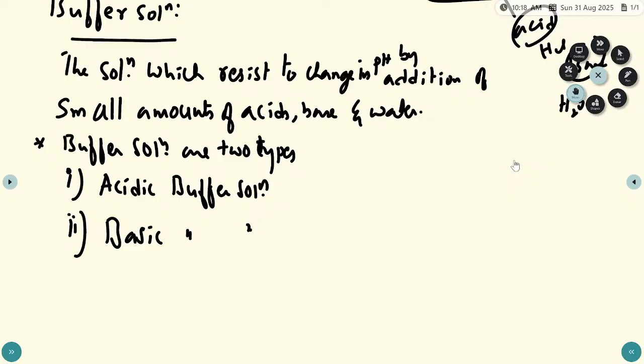How are such solutions prepared? This is a bit critical. How can you prepare buffer solutions? How can you prepare acidic buffer solution and basic buffer solution?